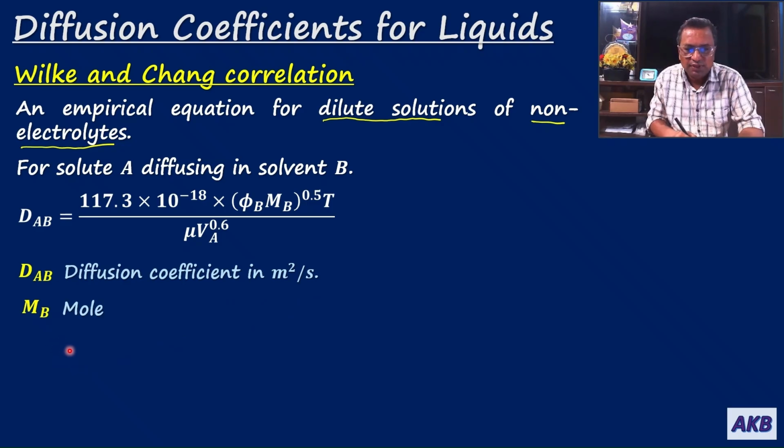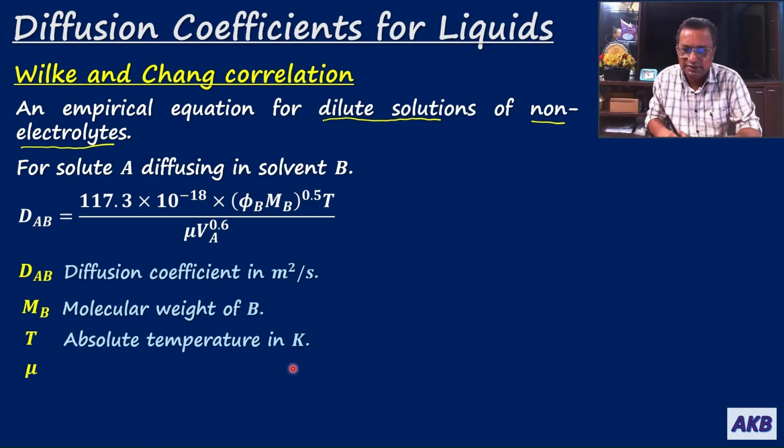Then MB is the molecular weight of B, which is the solvent. T is the absolute temperature in Kelvin. Mu is the viscosity of the solution, and that has to be in kg per meter per second.